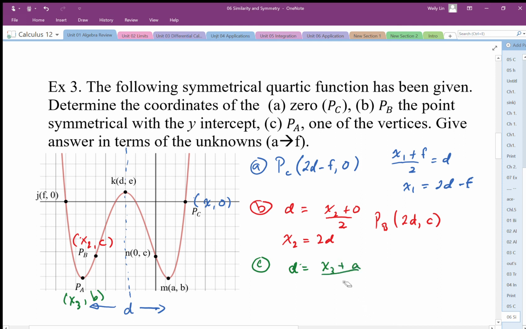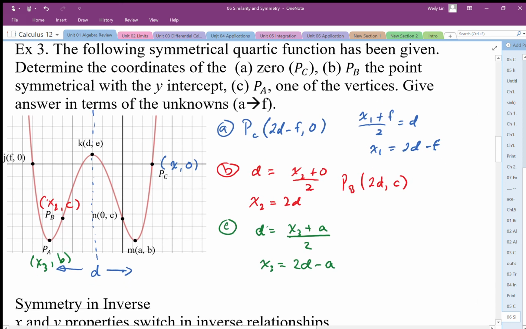It's going to give me the middle coordinate. Okay, that middle coordinate, this position is D again. And then I end up with solving, if I just want to know what this X coordinate here is, I just solve for X3. It's 2D minus A. There's my X coordinate. So the point at A is going to be 2D minus A is my X coordinate. B is my Y coordinate. Okay, because the Y coordinate is just going to match that position there.